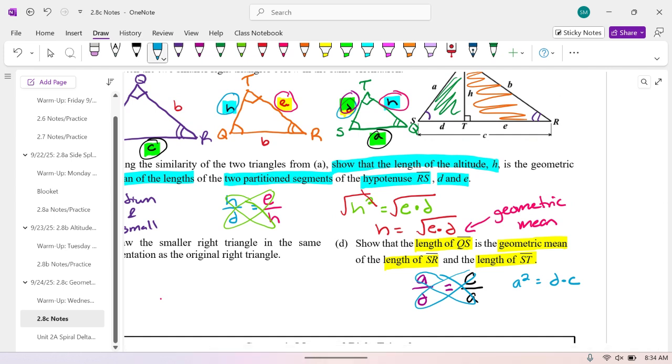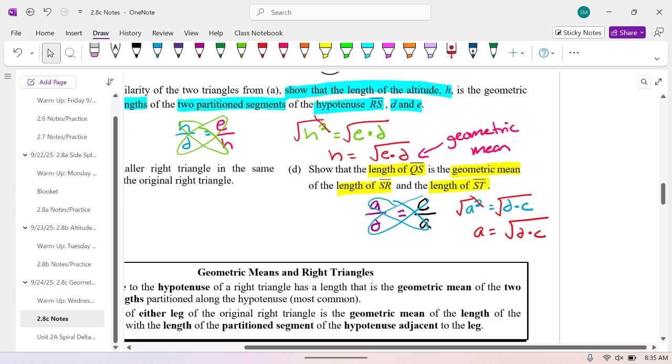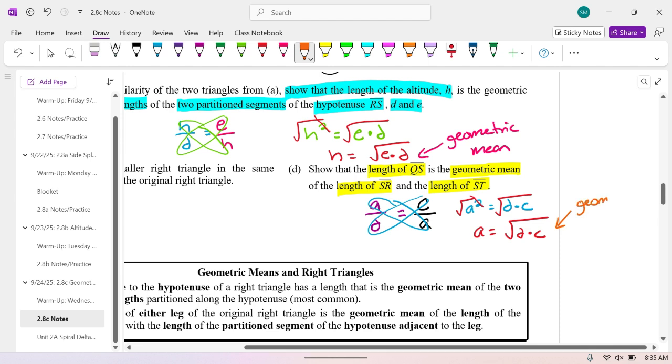Now, if I solve for A, I'd still take the square root of both sides. So A would be equal to the square root of D times C. So is that not a geometric mean? Did we not come up with a formula for geometric mean? Yes. So we still got a geometric mean.